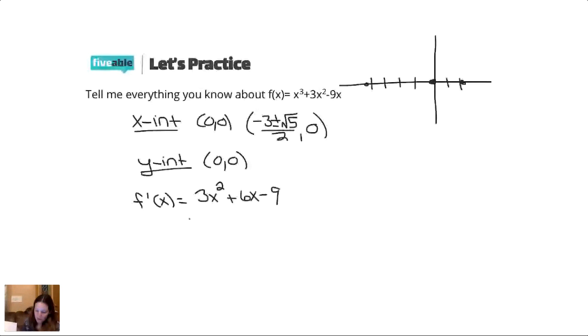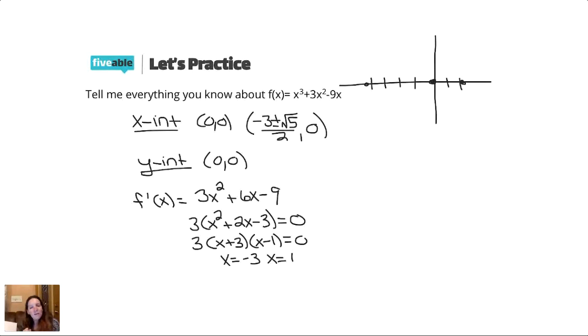So I'm going to set that equal to 0. And factor. So now we have the two places where f prime of x equals 0.